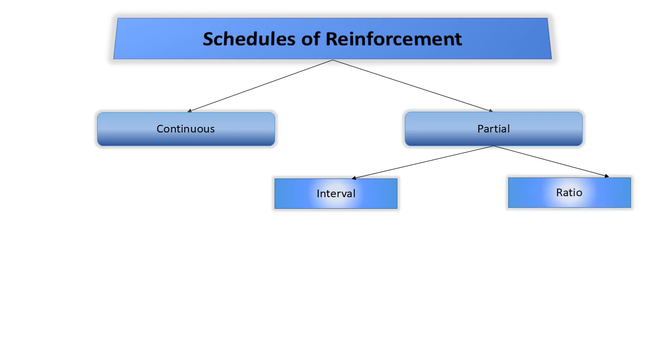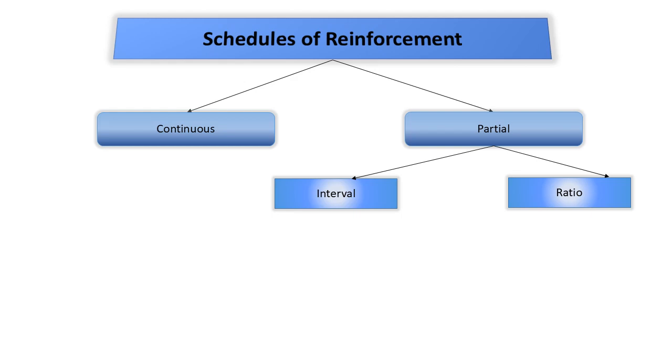So this is the interval which I was referring to, that it is based on time. So it depends on when we decide that the reinforcement will be provided to the individual. And this is the ratio schedule, which basically focuses on the number of responses.